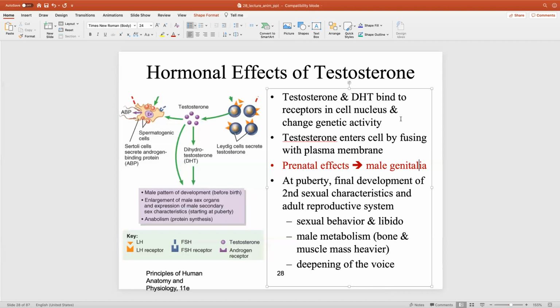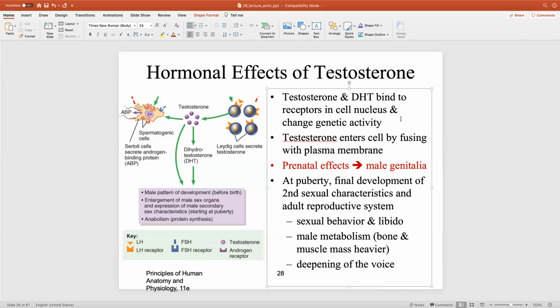So again, you either have ovaries or testes, but you have 2 versions of ducts. That's true for males and females. One version of the ducts is going to turn into the male reproductive tract, which is your vas deferens, your seminal vesicles, your prostate. For females, you have a second set of ducts called the Müllerian ducts that will turn into the fallopian tube, the uterus and the cervix, right?